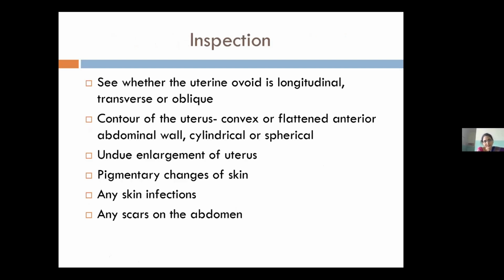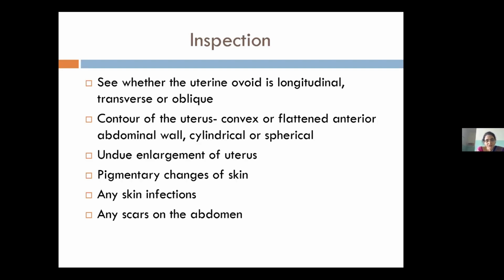On inspection, you have to stand on the right side of the patient, and with the semi-flexed knees, you have to expose the abdomen and see the structures. First you have to see the contour of the uterus, whether it is convex or flattened anterior abdominal wall.